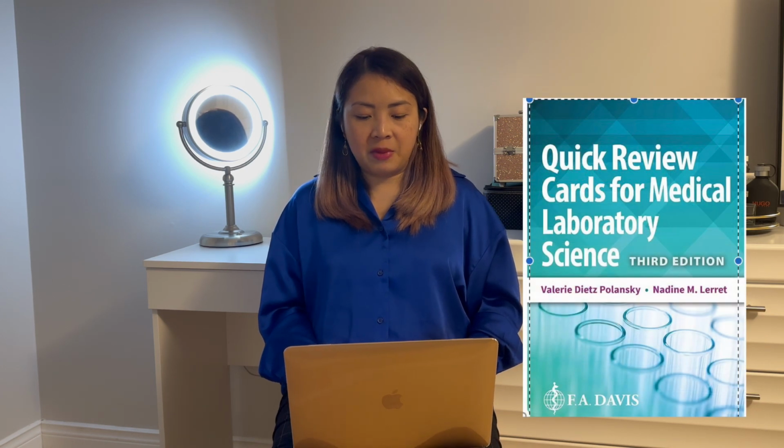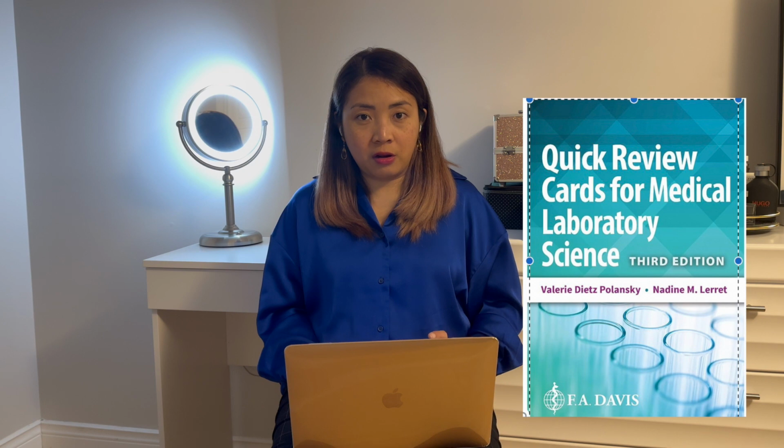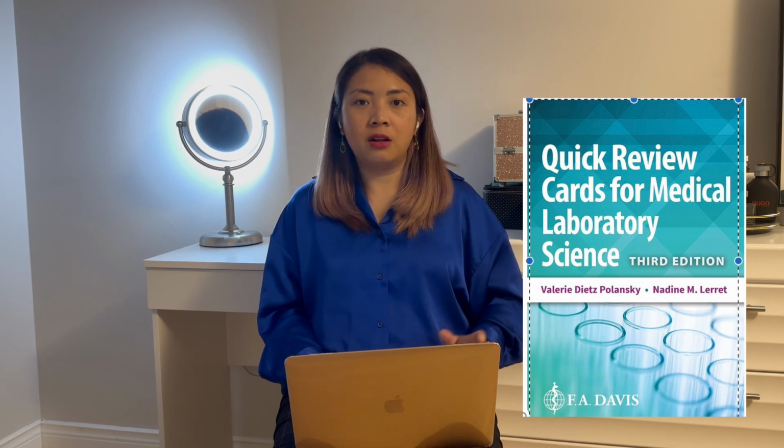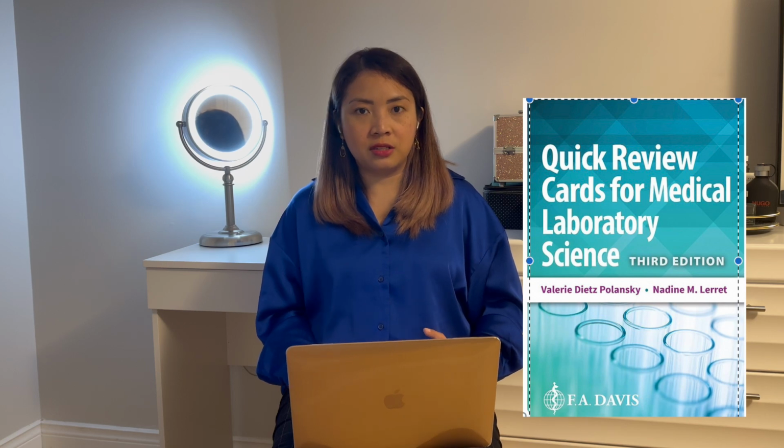And then, aside from this book, my go-to reviewer is Quick Review Cards for Medical Laboratory Science. I just used these quick cards when I took the CSMLS exam. I wish I had known about these quick cards when I took my first licensure exam, because they are really helpful.